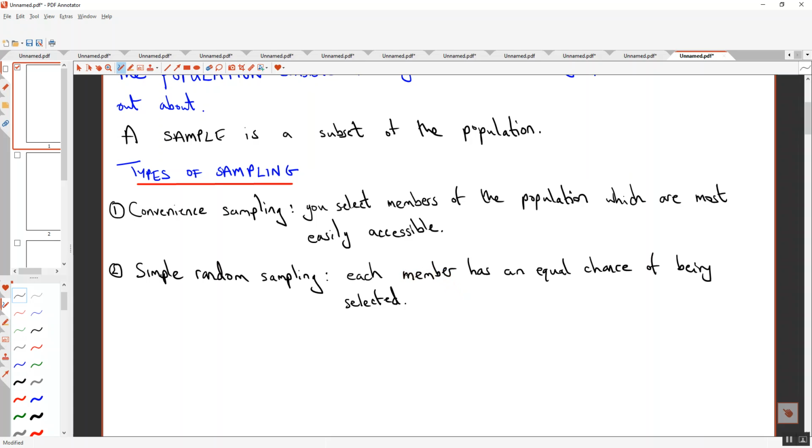So by drawing names from a hat. So again, if I wanted to sample the population of DP2 students at Summersfield, I put all your names into a hat and draw out however many I wanted, 5 names or however many I want in my sample. Easy enough again? Yep, good.